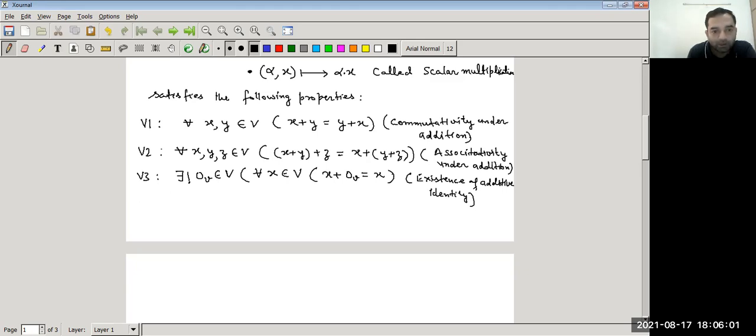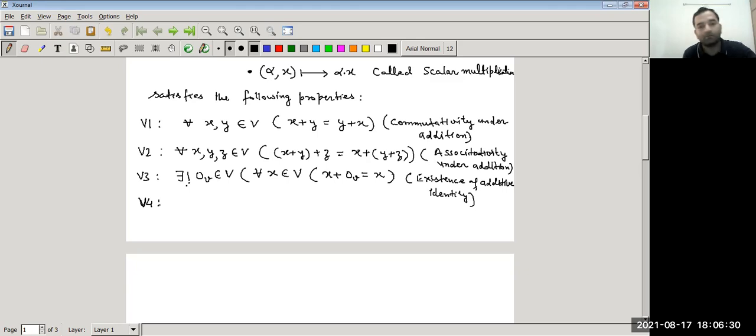Now this zero element works for every element of the vector space, right? So if we interchange the quantifier, then the meaning of this property is also changed. If we interchange, then it depends upon the first one, right? So we will discuss this in property number 4, V4.